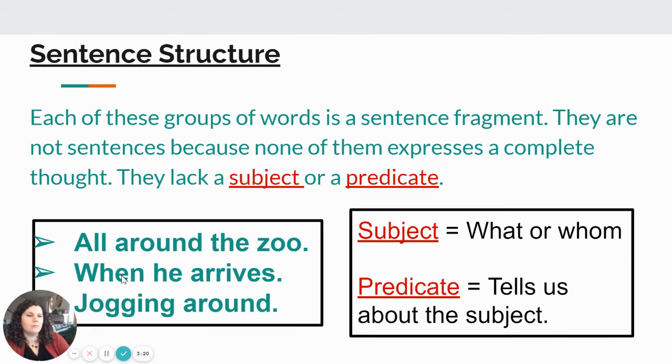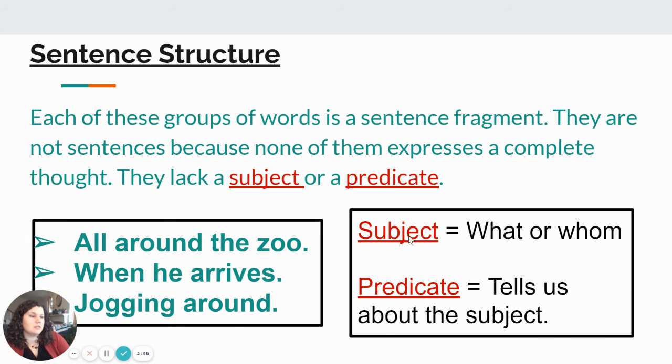All around the zoo, when he arrives, jogging around. We do not know the full picture. All around the zoo, what was happening? When he arrives, what did he do? Where is he? Jogging around. Who's jogging around? Where are they jogging around? We don't have the full story in these sentence fragments.